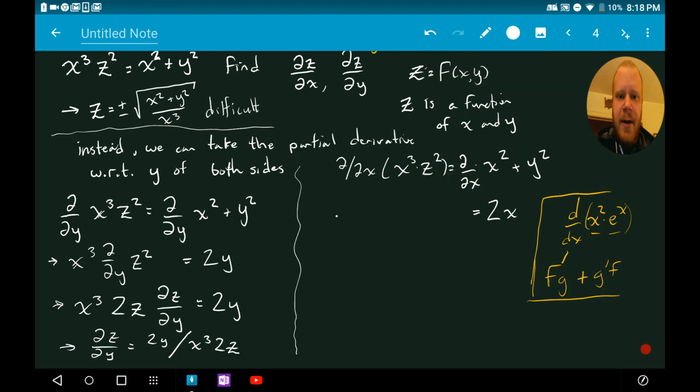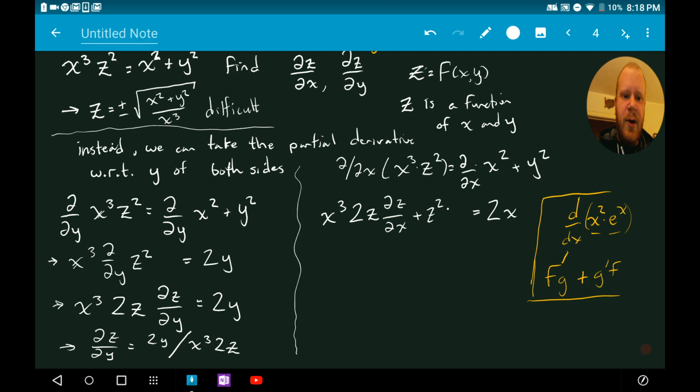Let's go ahead and apply that. So this is going to be x to the third times the derivative of this thing with respect to x. So that's going to be 2z, but we also need del z del x in there. And then this one, z squared times the derivative with respect to x of x to the third.